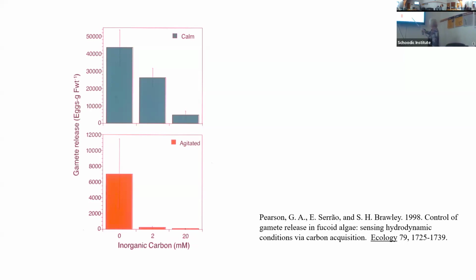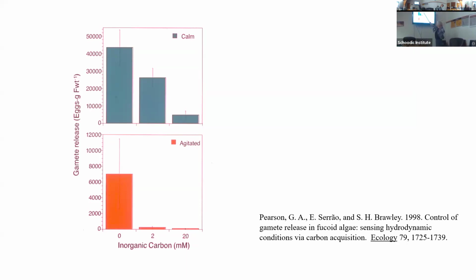And so Derek Pearson, the Esters of Howe, who were in my lab, very cleverly did this experiment. So in each of these conditions, we're putting receptacles into a beaker, and we have them in the light. Some of them are under just calm conditions, and others are being agitated on a shaker, to simulate water motion.